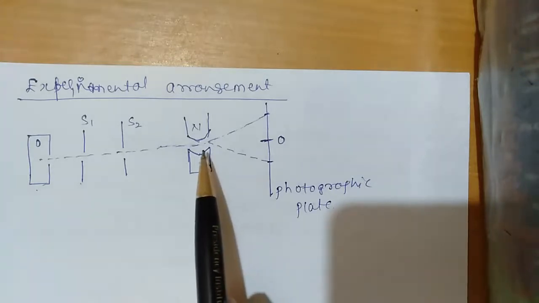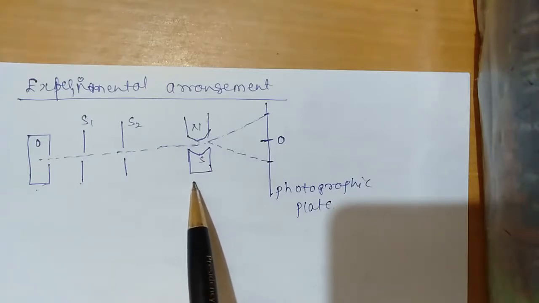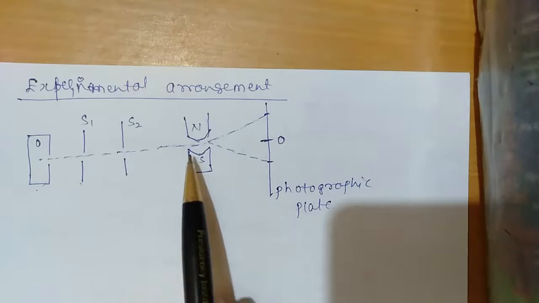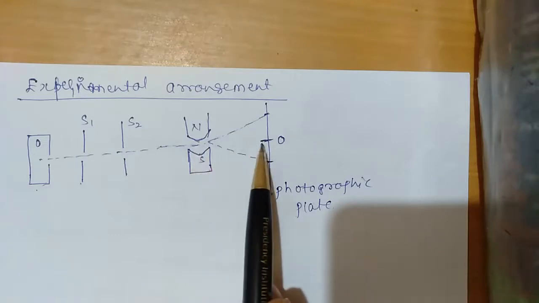When there is an absence of the magnetic field, all the atoms will be concentrating at one particular point, the midpoint of the photographic plate.